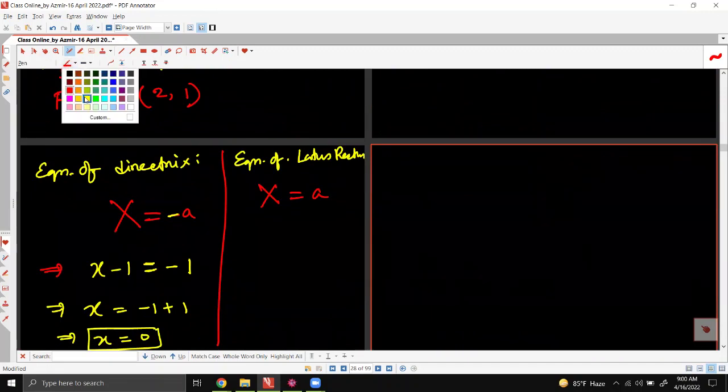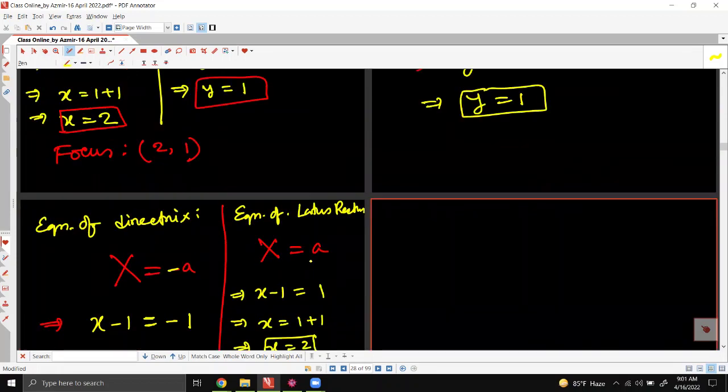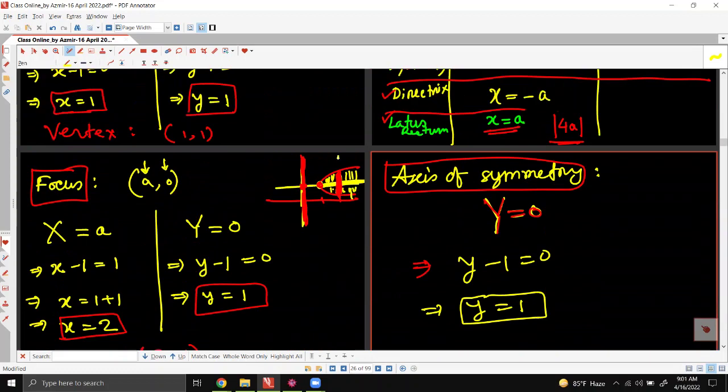So it is small x minus 1, a is 1. So we have x equals 1 plus 1, that is x equals 2. So x equals 2, this equation is the latus rectum and the length will be from this point to this point.